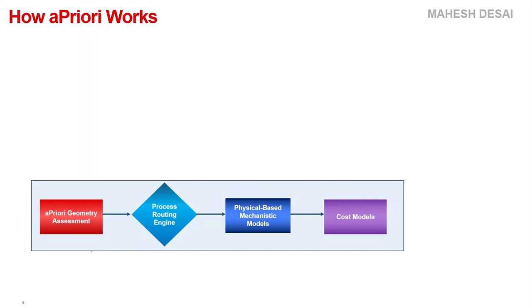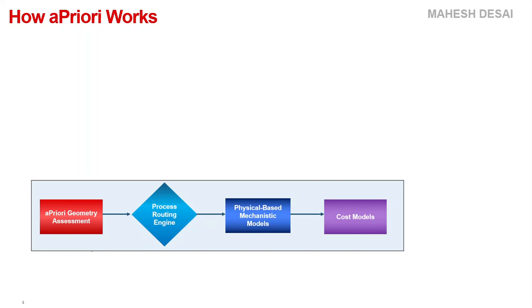In between, after assessing the geometric cost drivers, we say GCDs, it will process through various routings and physics-based mechanistic models which are already present in the aPriori model. Using that, it will generate the cost models.